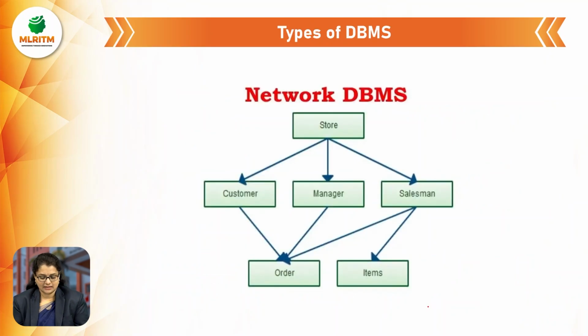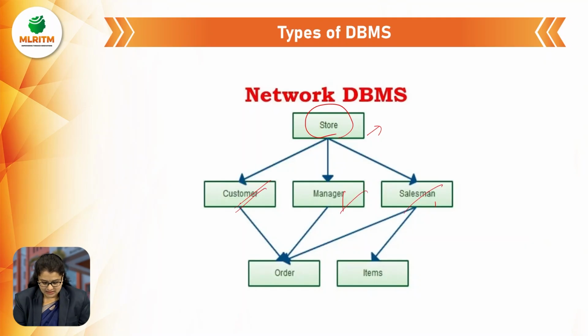So look at the diagram here, the network DBMS. This is the store. This particular store contains customer, manager and salesman. You can consider this the parent node here, but we don't talk about a parent node in the network. These are the nodes. This store has three children: customer, manager and sales.